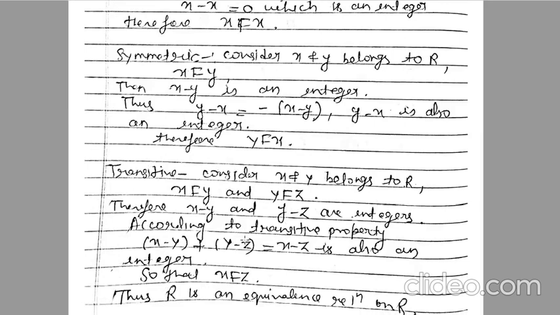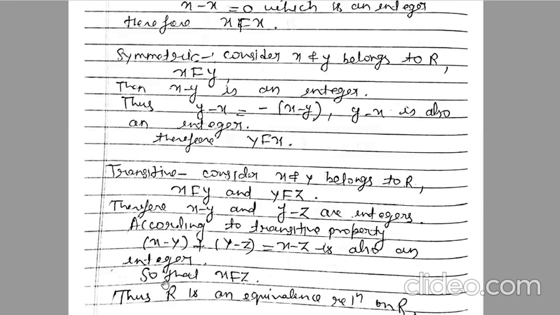Now, the last one is transitive. Consider x is related to y, belongs to R, and y is related to z, also belongs to R. Therefore, x minus y and y minus z are integers. According to the transitive property, adding them, (x minus y) plus (y minus z) is equal to x minus z, which is also an integer, right?